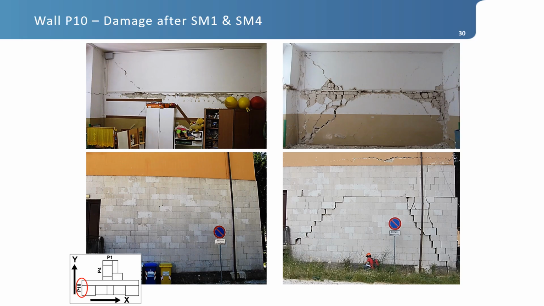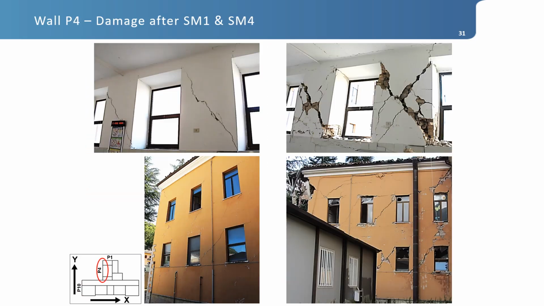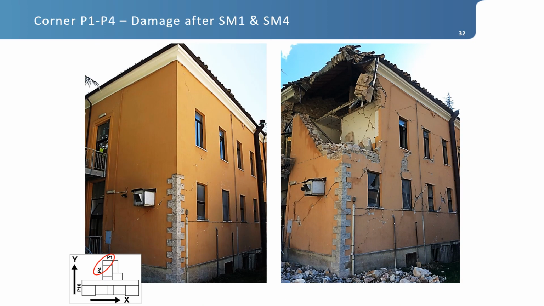And this is the damage that actually occurred in the structure. You see in-plane damage, significant large cracks occurring in many of the piers. Basically, most of the piers were damaged in shear. It is a stone masonry wall.